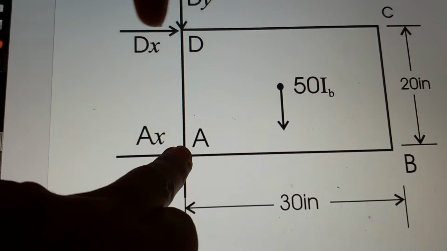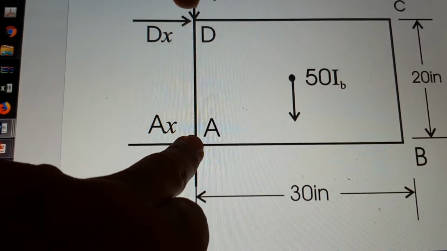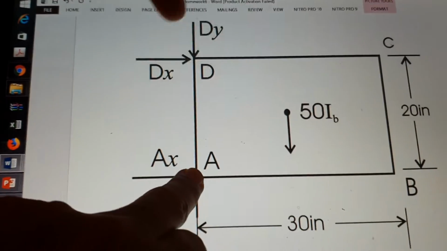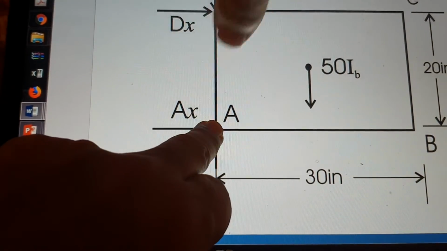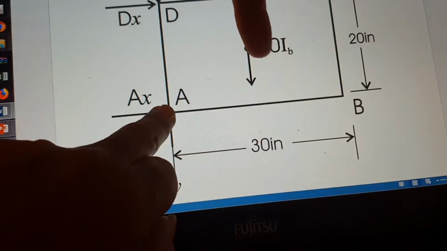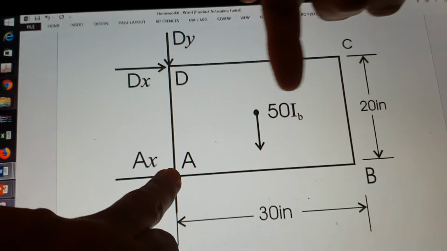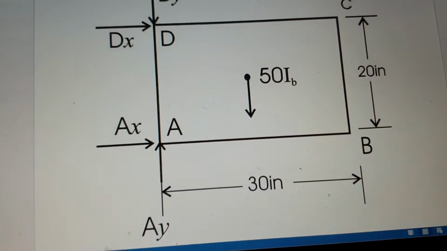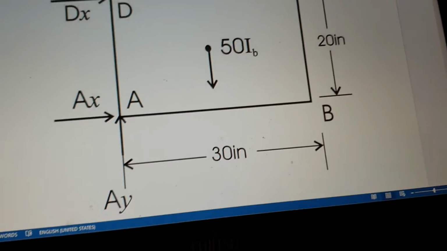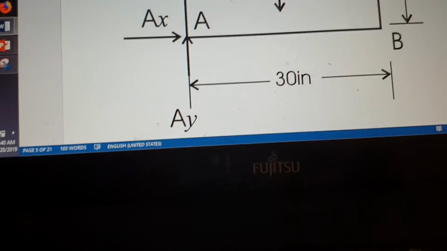Dx is the only one in the summation of moment at A. Dx is going to push the plate clockwise, so Dx times the perpendicular distance between A and D, 20 inch, Dx times 20. And this is also going to push it the negative way too, 50 times 15. So 50 times 15 and Dx times 20. This is summation of moment at A.